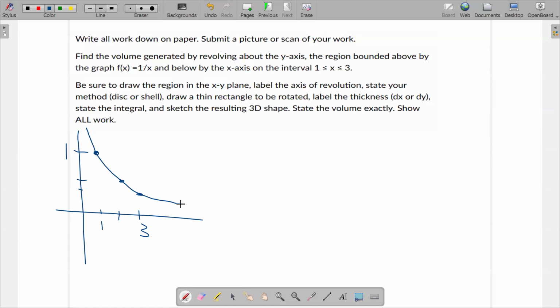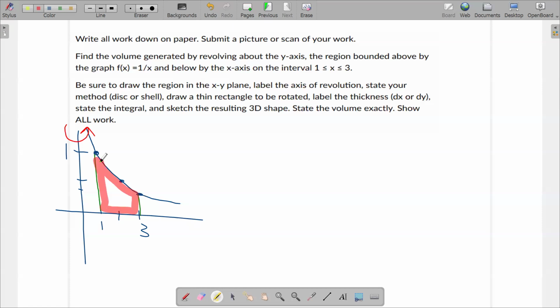All right, find the volume generated by revolving about the y-axis. Okay, we'll get to that in a minute. The region bounded above by the graph of f equals 1 over x, below by the x-axis on the interval from 1 to 3. Okay, so this must be my region.